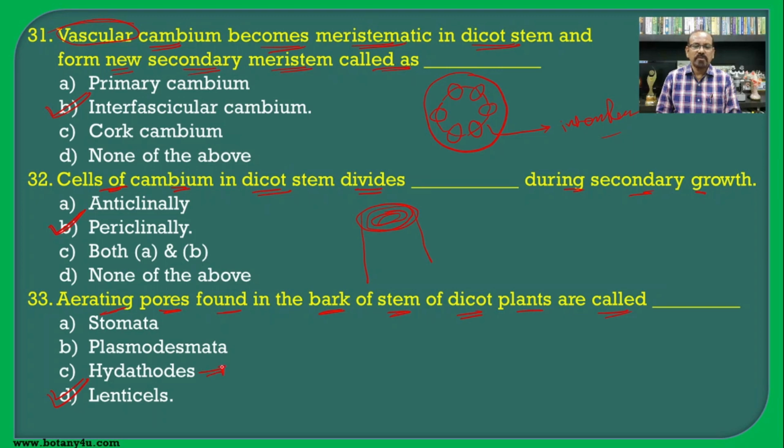Hydathodes are known as water stomata and are present in the leaves at the vein endings, and plasmodesmata are connections between two cells. Stomata are present on the leaves or the stem for gaseous exchange. So if you see the woody stem, there is the presence of lenticels, and hence it becomes the answer.